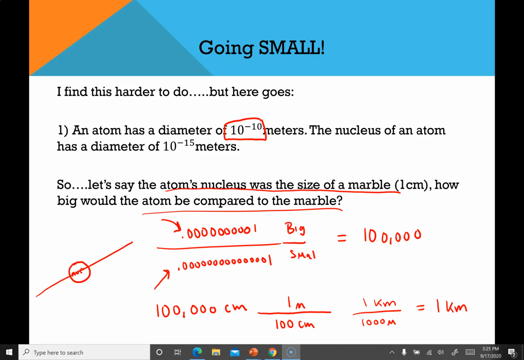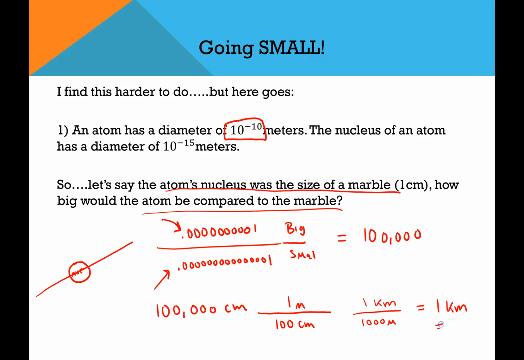I think the best thing would be to compare it to miles, and 1 kilometer is roughly 0.6 miles. So what you have here is a marble for your nucleus, and then 0.6 miles would be how big the diameter of your atom is. Isn't that unbelievable how small your nucleus is? I know that was a long video, but I appreciate your time. I hope everyone has a great day.